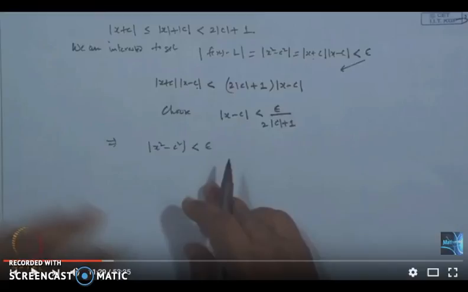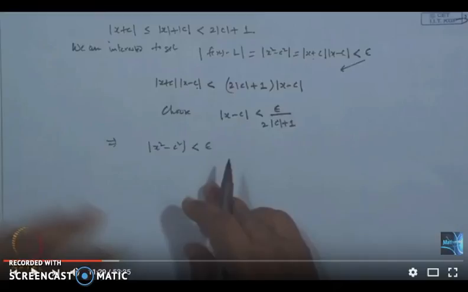And now mod of f of x minus L, which we want to show to be less than epsilon, can be interpreted as mod of x squared minus C squared, which equals mod of x plus C times mod of x minus C. Replace mod of x plus C by 2 mod of C plus 1.